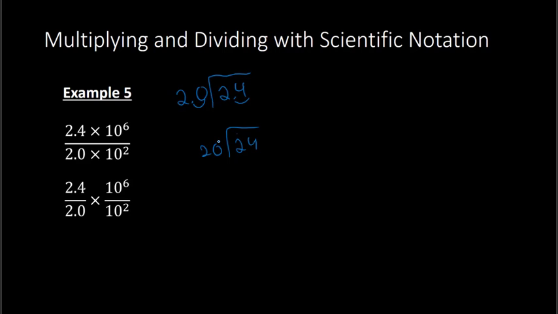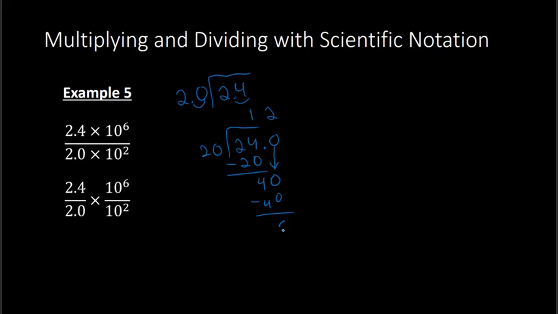So I see how many times 20 is going into 24. That's 1. Then I multiply 1 times 20 to get 20. Subtract, I have 4. I now can put a decimal here, put a 0 here, and then drop the 0. And then I repeat and do this one more time. So how many times is 20 going into 40? That is 2, because 2 times 20 is 40.